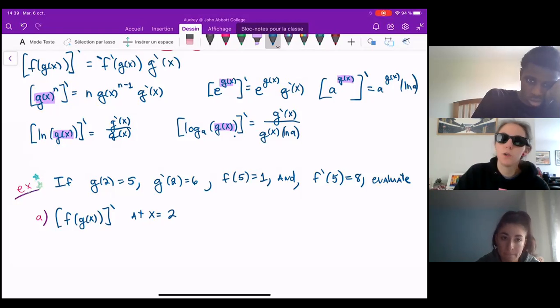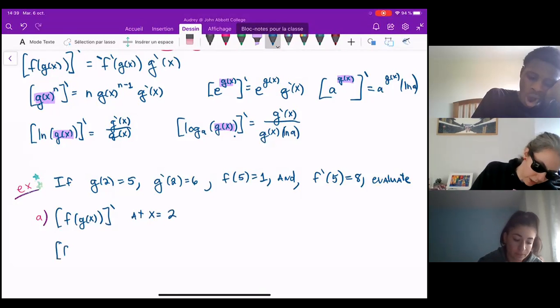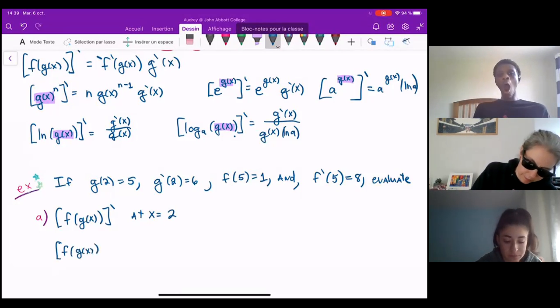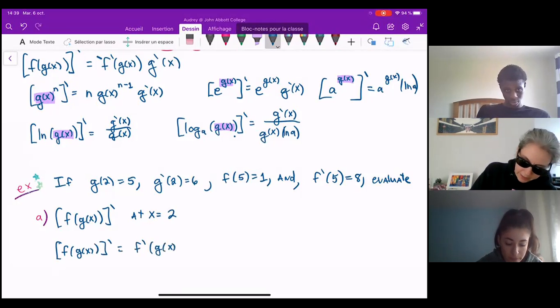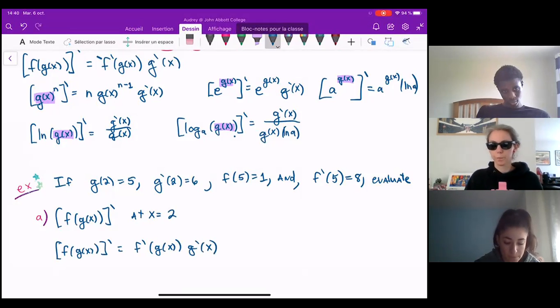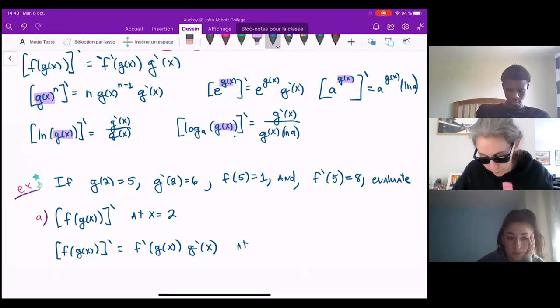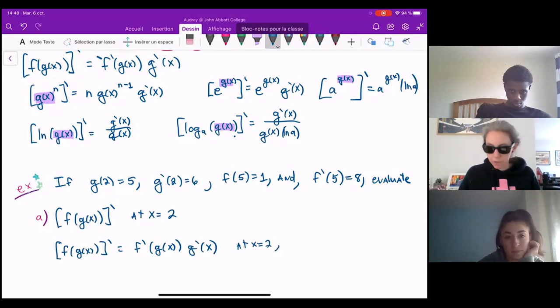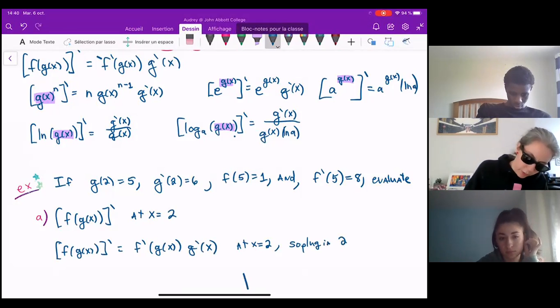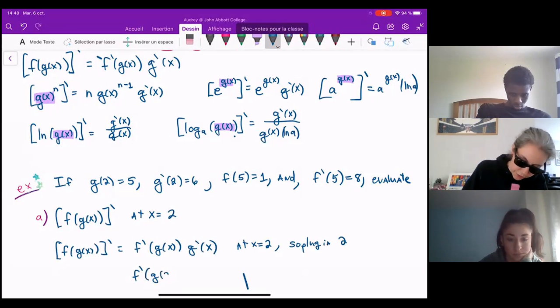And so if we use the rules that we have up there, we know that the derivative of f of g of x is equal to f prime of g of x times g prime of x. And we want to evaluate this at x equals 2. So that means I just need to plug in 2 to this equation. So this will give me f prime of g of 2 times g prime of 2.